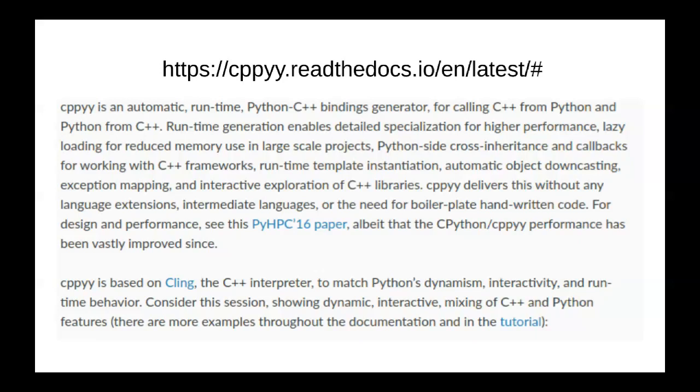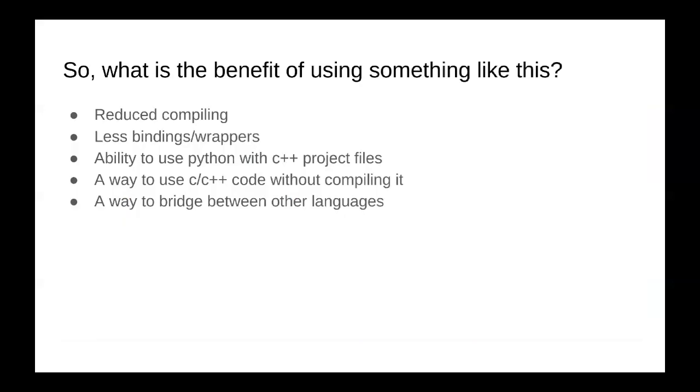And because it's fairly dynamic, it's very useful for things like intermixing scope. We'll get to that. So one of the benefits is reduced compiling. The other is less need for bindings because you've already got those in an interpreter.